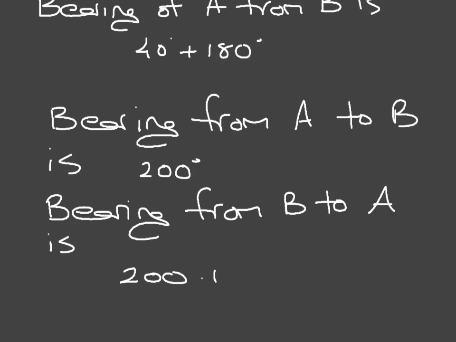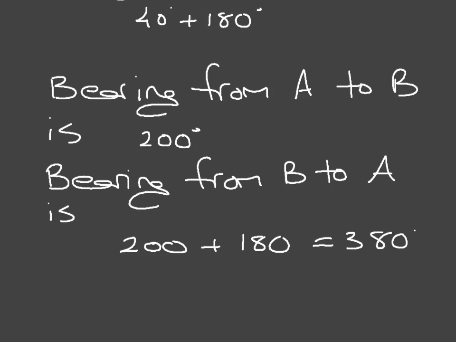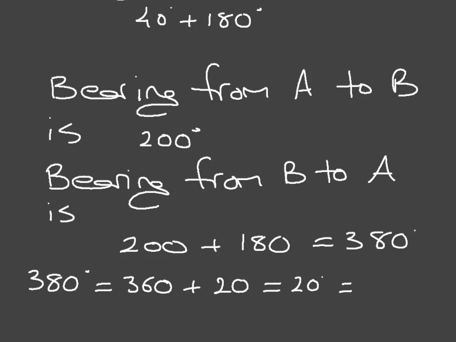That's 200 plus 180. That's equal to 380 degrees. But now think of this carefully. 380 degrees is equal to 360 degrees plus 20 degrees. And since we saw at the beginning of this video that 360 degrees is the same thing as 0 degrees, the bearing of B to A is 20 degrees, which remember we write with 3 digits as 020 degrees. And there you go. That's our first short course on bearings.